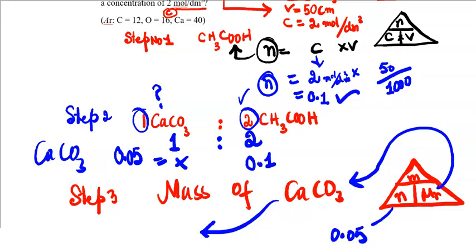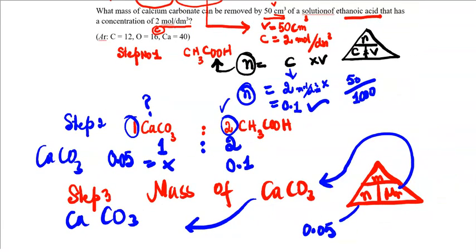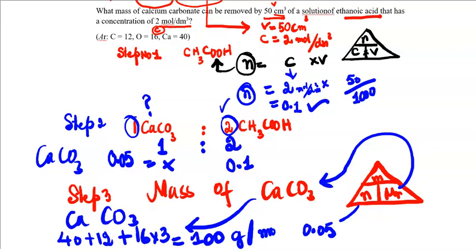How can we get calcium carbonate Mr? CaCO3 means we have their Ars, and we just need to put here 40 plus 12 plus 16 into 3, and we get the Mr, that is 100 gram per mole.